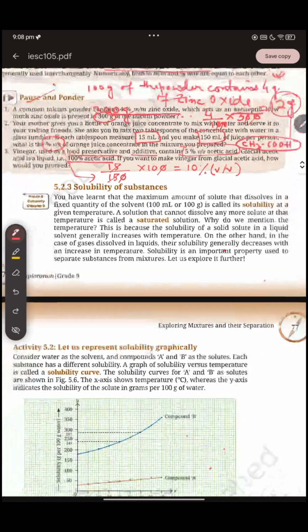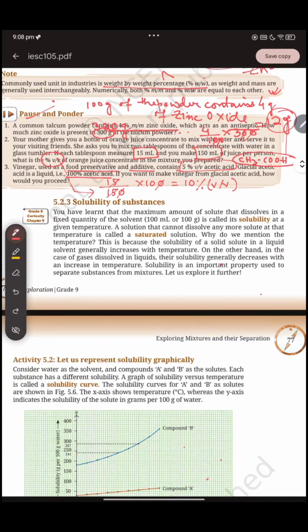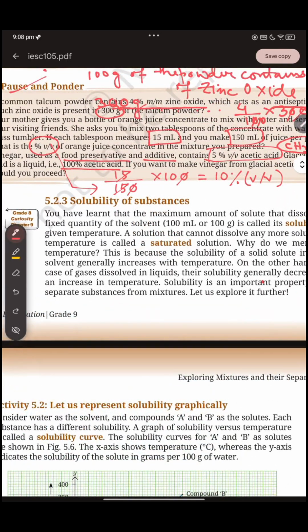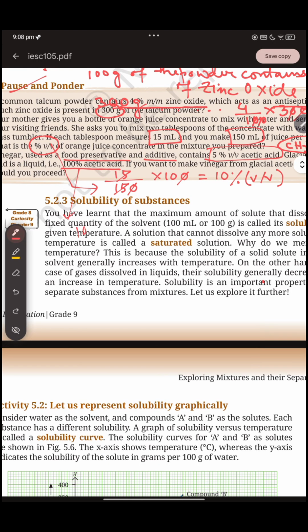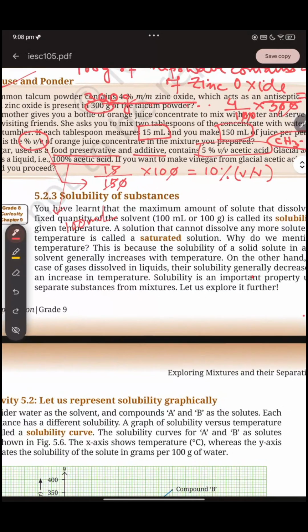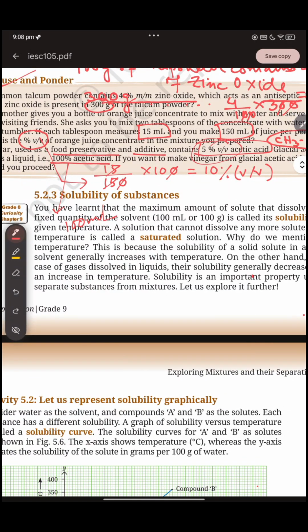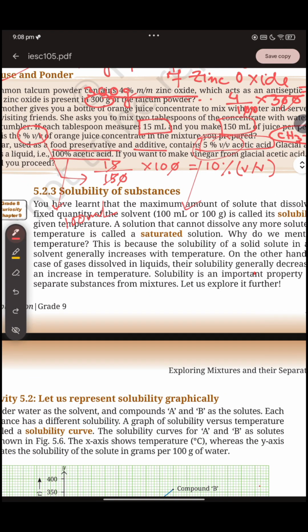To prepare vinegar which contains 5% volume by volume, obviously I have to take 5 ml of the glacial acetic acid.